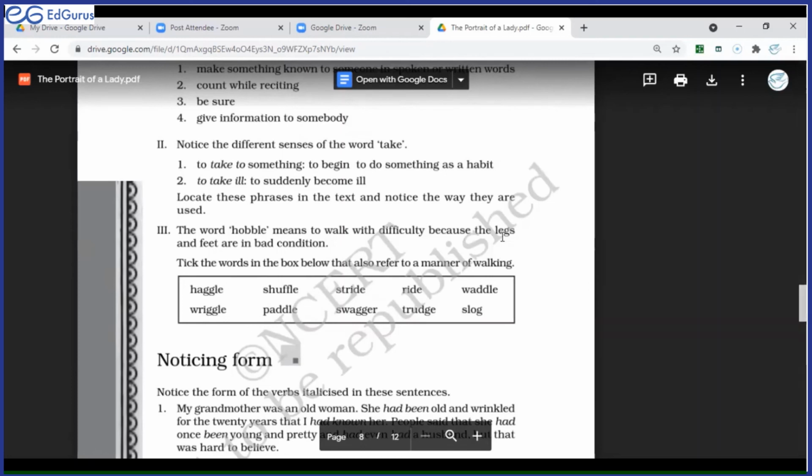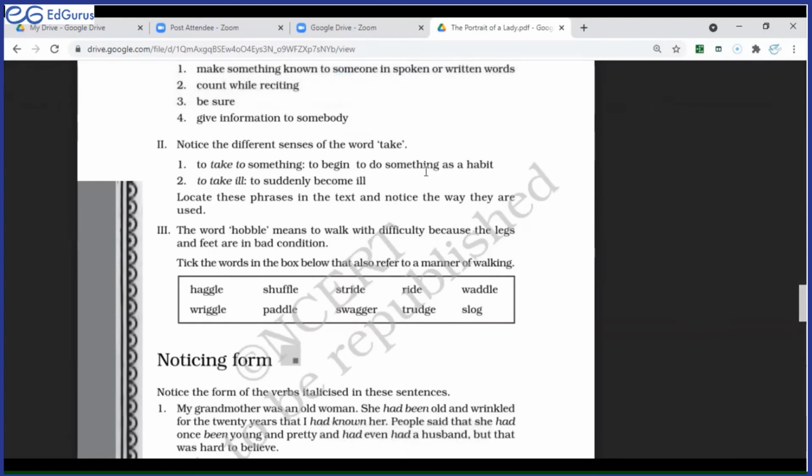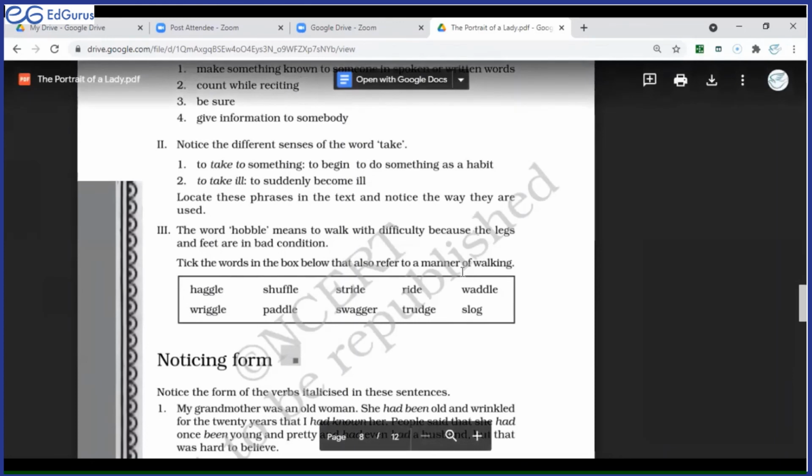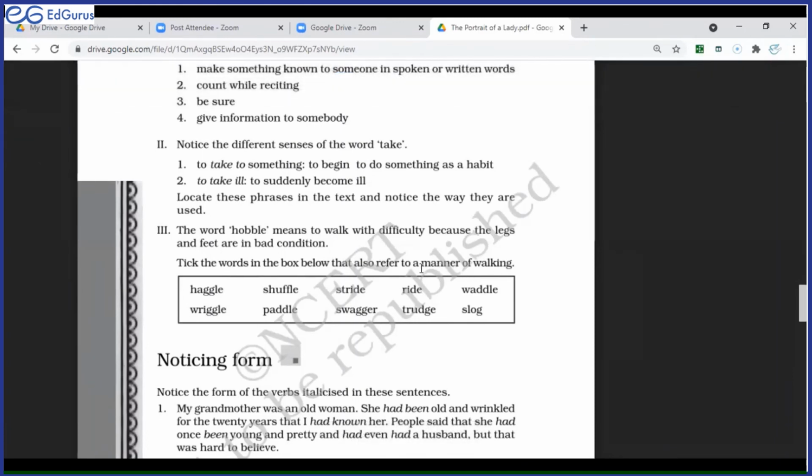She took to is that she began. She started feeding sparrows. To take ill: the next morning she was taken ill. The last night she was very active, but the next morning suddenly she became ill. Right?